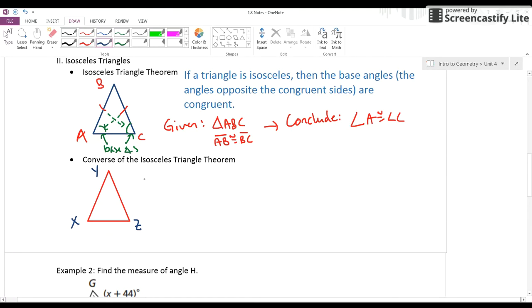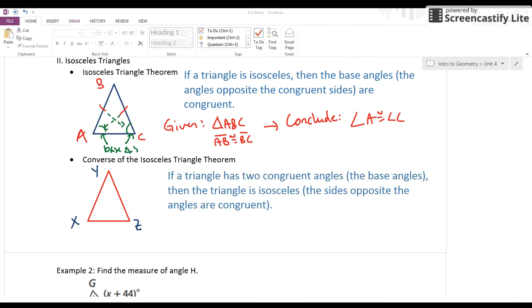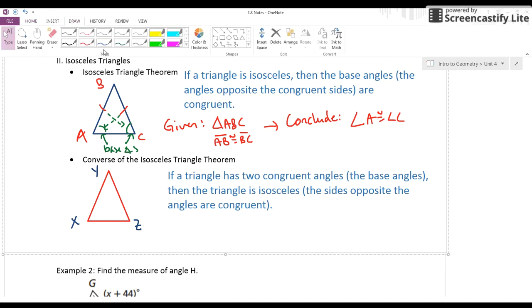We have two sides that are congruent. So let's jot that down first, and I'll look at the diagram. Again, if you have two angles that are congruent, any two angles, those will become our base angles. And then we would know that the triangle is isosceles, meaning that the two sides opposite those angles are going to be congruent.